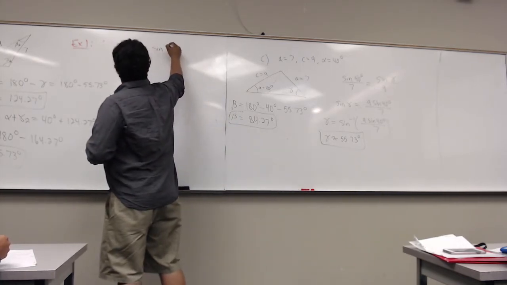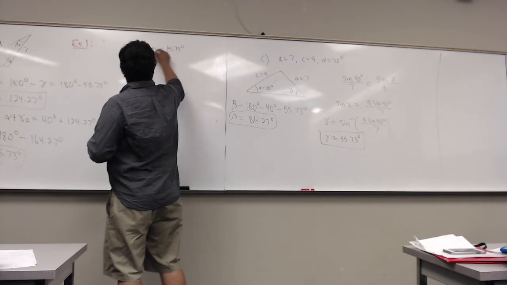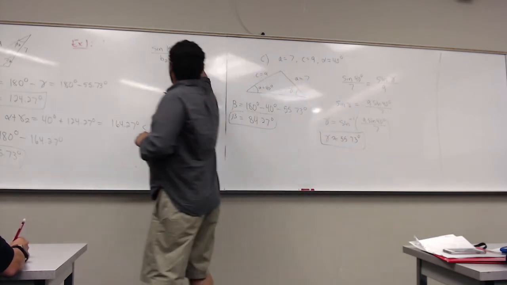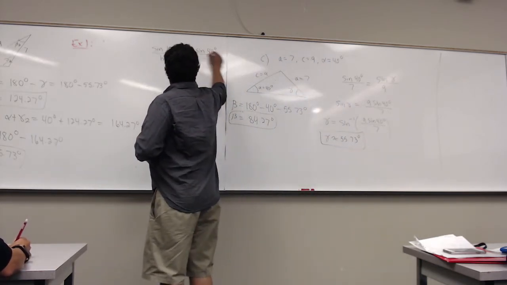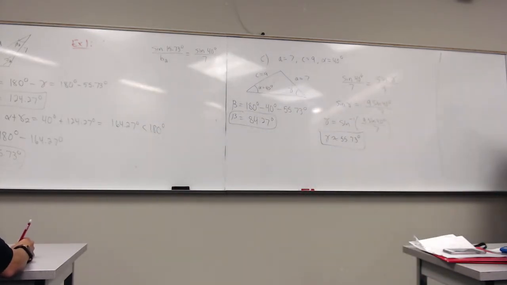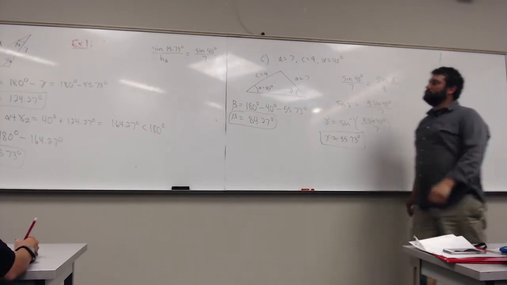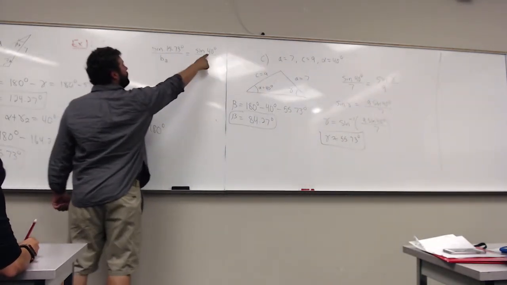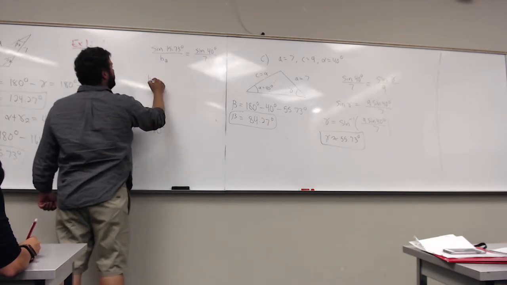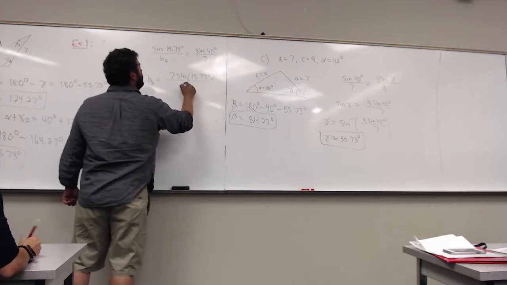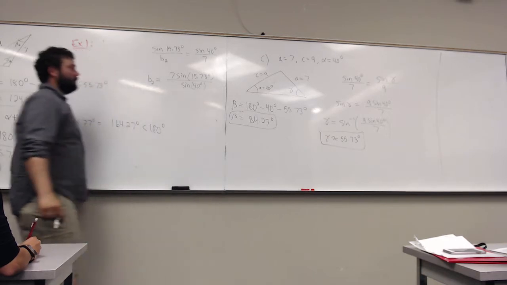Well, I can do sine beta 2, 15.73 degrees over B sub 2, and then we'll do that equals sine of the original angle over its opposite side, which had length 7. And then you can multiply 7 on the left, divide by sine 40, multiply both sides by b sub 2. You'll get 7 sine 15.73 degrees over sine 40 degrees.